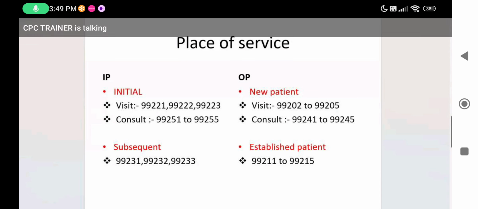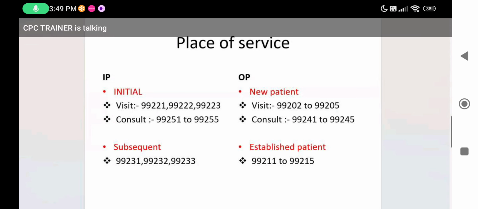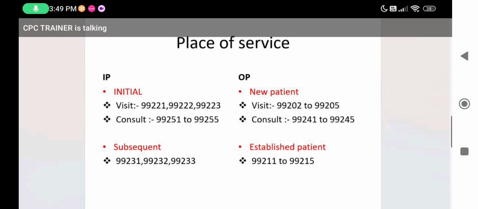Referring, rendering, and then reporting. These three we consider as the triple R concept.